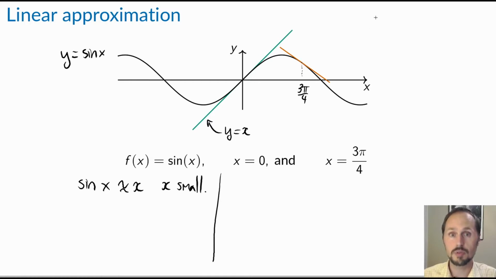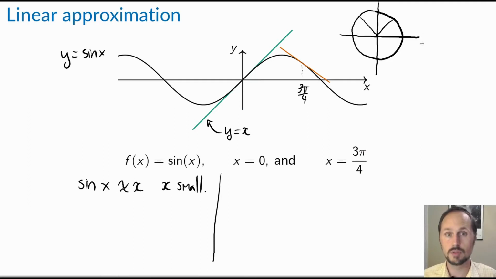For that, we're going to make an appeal to our trig circle. So let's draw ourselves a little trig circle. Pi by 4 is that angle right there. Here we have pi over 2, and here we have 3 pi by 4. Now if we look at our diagram, pi over 4 is one of the angles that we know the cosine and sine for. At pi over 4, cosine and sine are equal to each other: cosine of pi over 4 is root 2 over 2, and sine of pi over 4 is root 2 over 2.